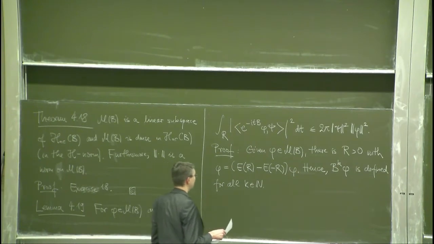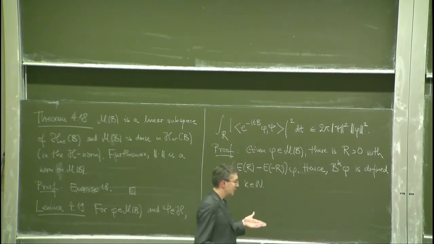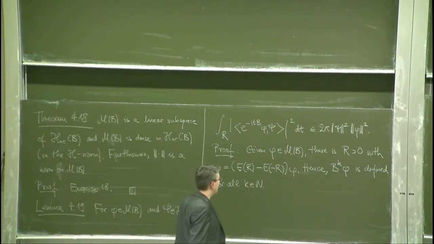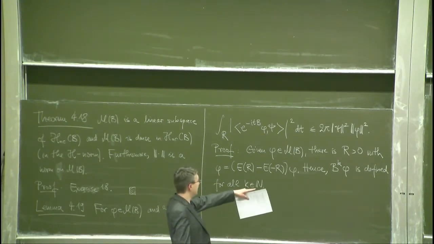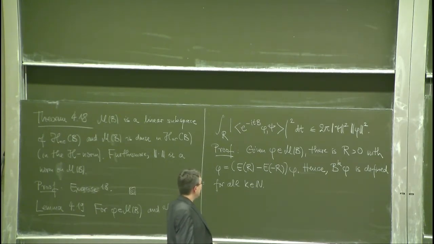For example, if you consider this for the case k equal to 1, then you have B phi. And if you consider the quadratic form corresponding to this, then you have <B phi, phi>. This is then an integral over lambda, and you have to multiply with this density f to the power of 2 under the integral sign. And the integral, in fact, reaches from minus R to R because this density has compact support.